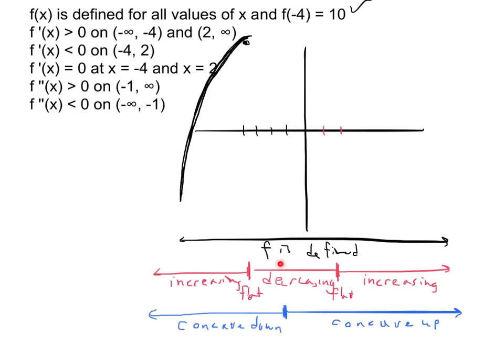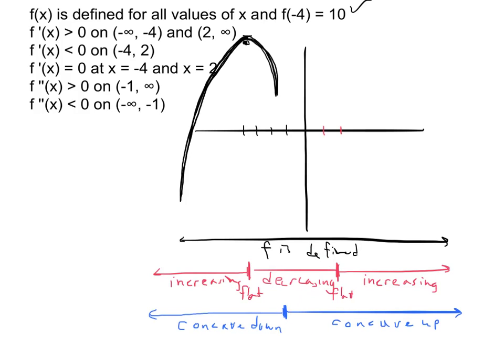For this next little section in here, my graph is supposed to be decreasing and concave down. Well, decreasing and concave down looks like this. That's decreasing and concave down. Okay? As I keep going, I now need to be decreasing and concave up.